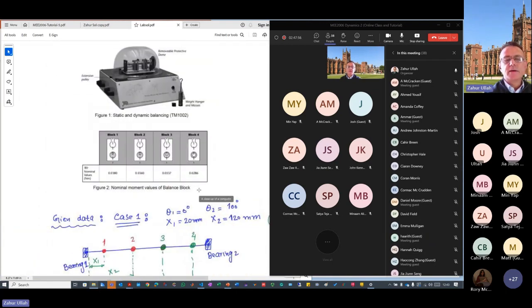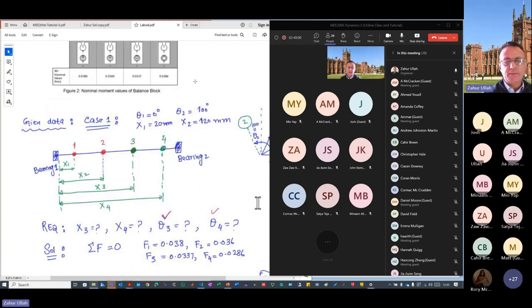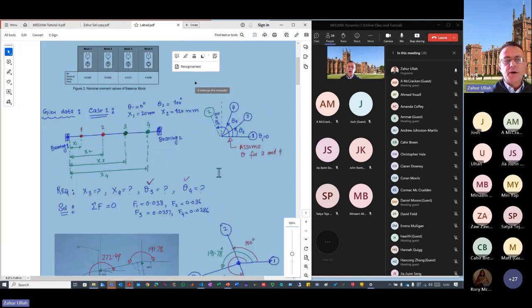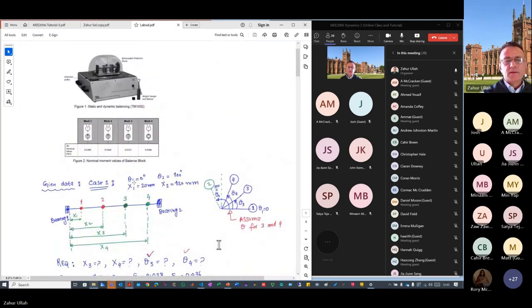If you see your assignment for this lab, normally how it works is that there are like 2-3 cases in your lab book. In case one, you are given theta 1 and x1 for mass 1, and similarly theta 2 and x2 for mass 2.